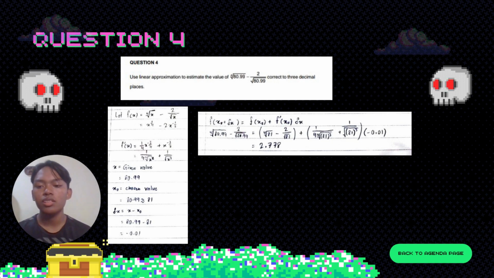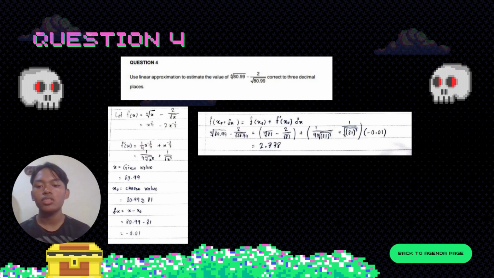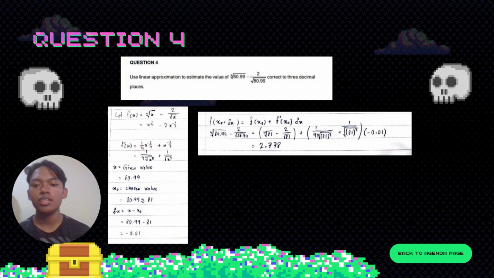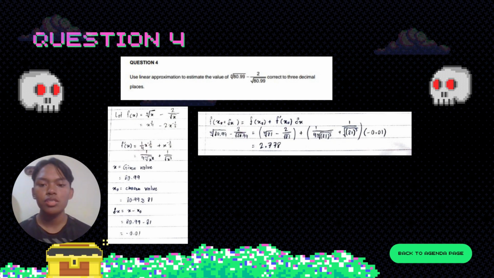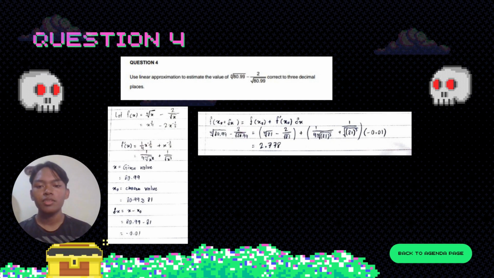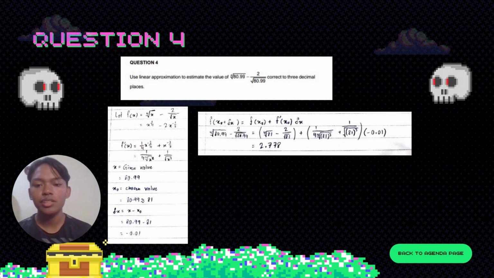So the result is negative 0.01. And then by using the formula f(x0 plus delta x) equals f(x0) plus f prime(x0) times delta x, we substitute the values we have, and then we will have the final answer, which is 2.778.